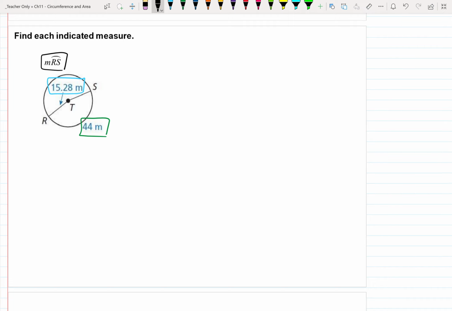We start with the arc length and the circumference. So our arc length is 44 over our circumference, which is 2 times pi, times the radius, which is 15.28. This equals whatever the measure of RS is over 360 degrees.